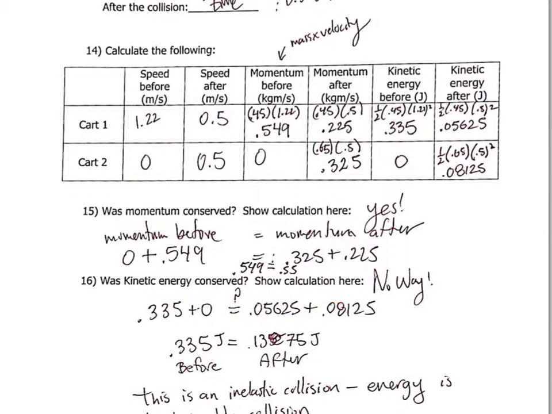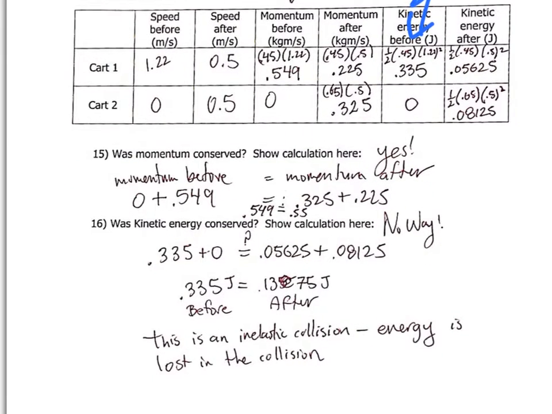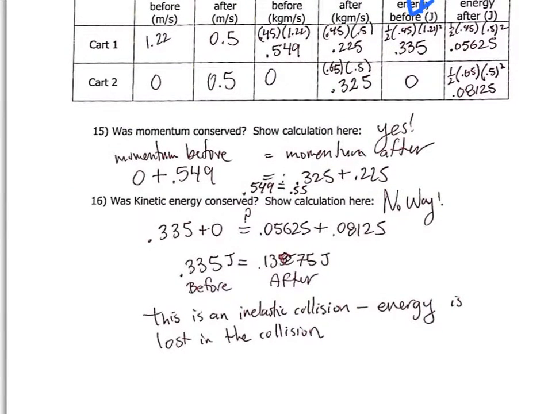Was kinetic energy conserved? So look at how we calculate kinetic energy. This in here is a 1/2 mv squared. So 1/2 mv squared, 1/2 mv squared, 1/2 mv squared, and 0. And then when we go to calculate the total kinetic before and total kinetic after, because it looks like the carts stick together, so one of them had a position that was slightly greater than the other one, but they were moving at the same speed.